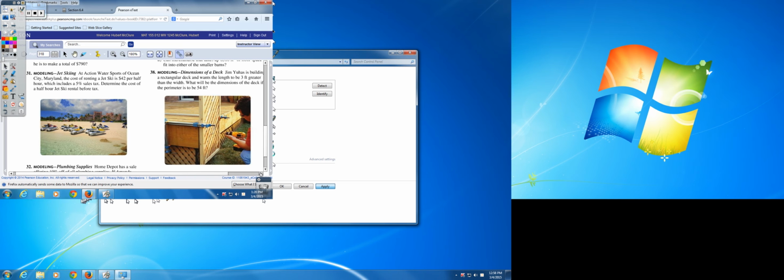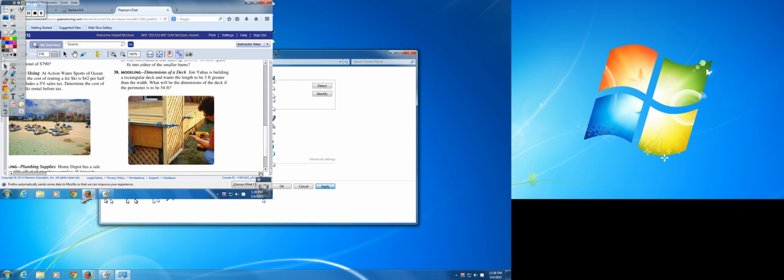Let's say y'all want to build a deck. Jim is building a rectangular deck and wants the length to be 3 foot greater than the width. What will the dimensions of the deck be if the perimeter is 54 feet? Alright, let's get her done.